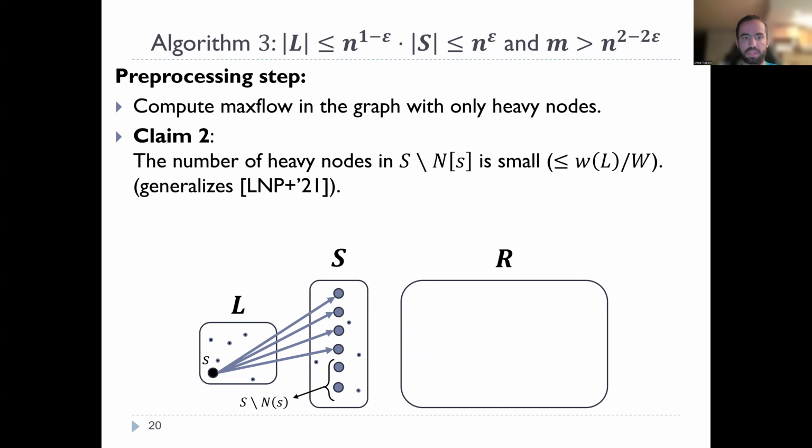Now the second claim is that the number of heavy nodes in S without the neighborhood of S is small. It's at most the weight of L without W. This is similar to an argument I described before.